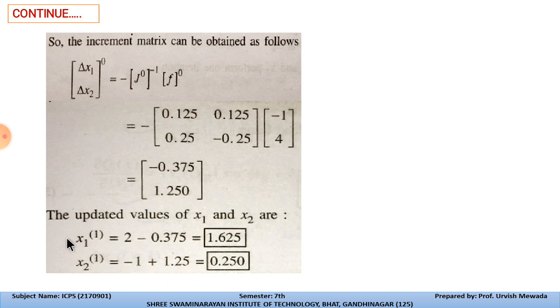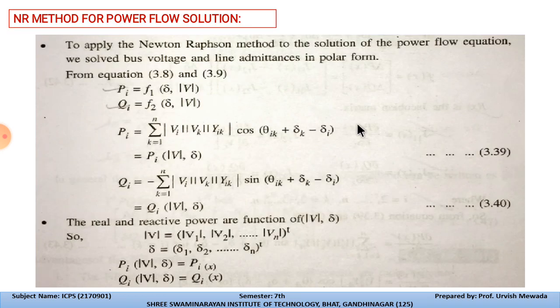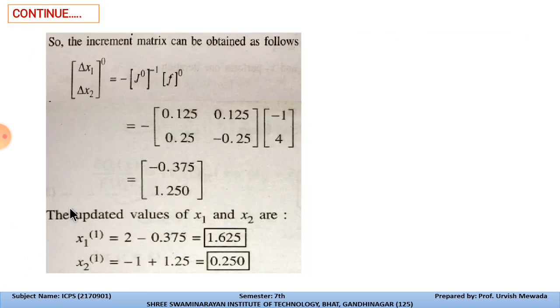So this is the value of the consequent iteration that we can find with the help of the NR method, the multi-valued NR method. So this is the solution for the multi-valued function of the NR method.